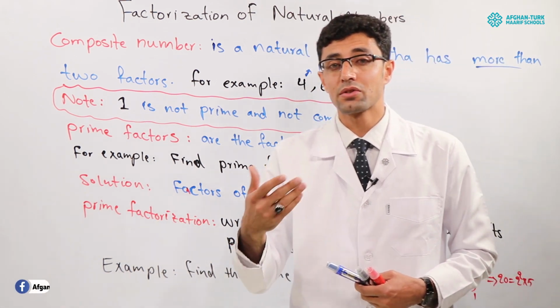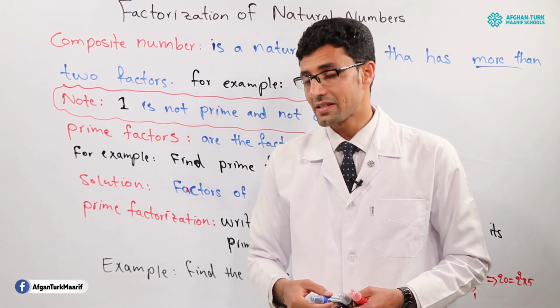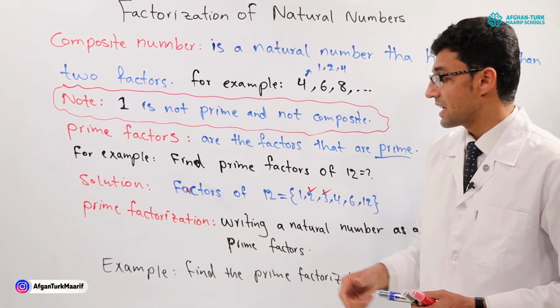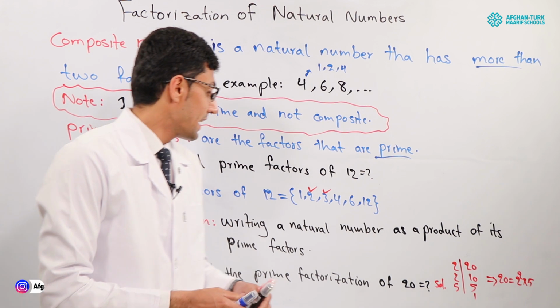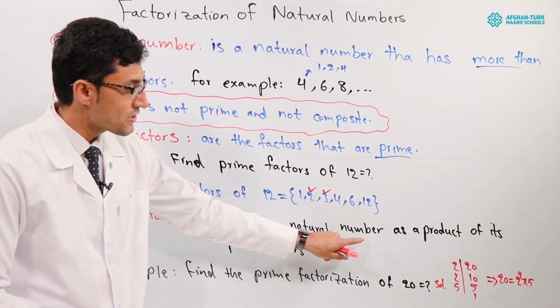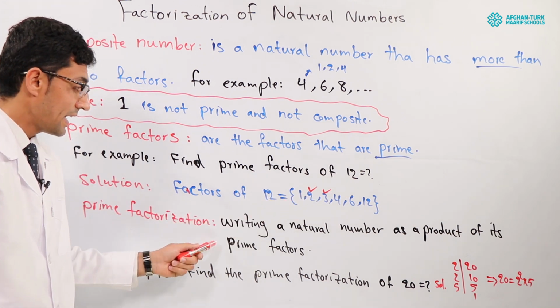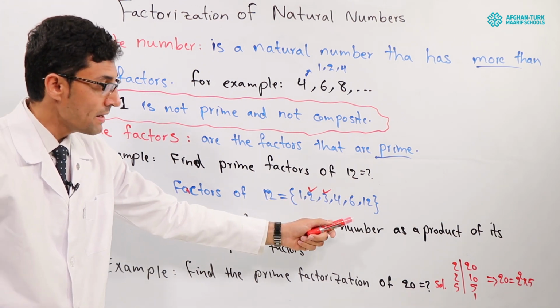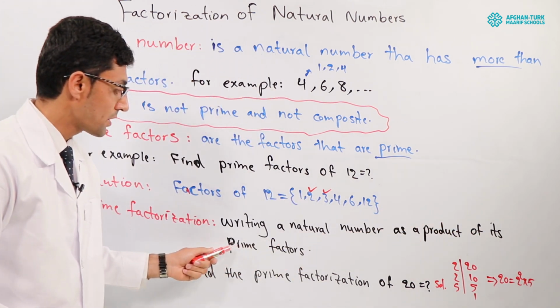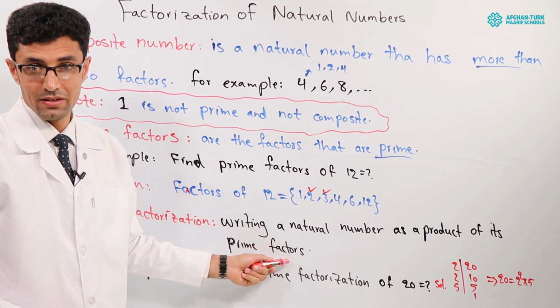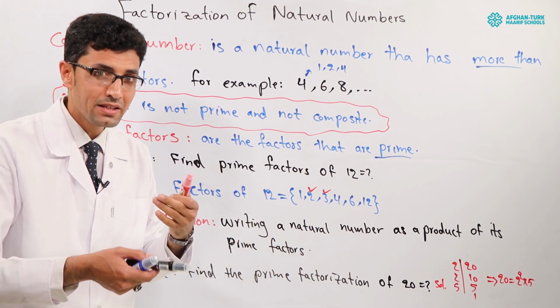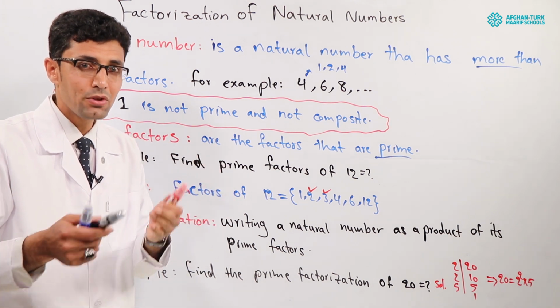And the last, prime factorization. Repeat after me: prime factorization is writing a natural number as a product of its prime factors. It means we have to find the prime factors and multiply them.